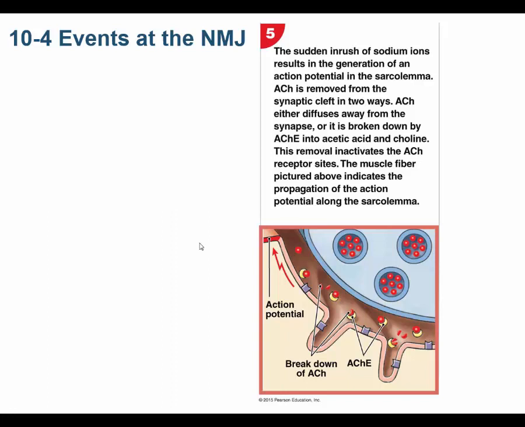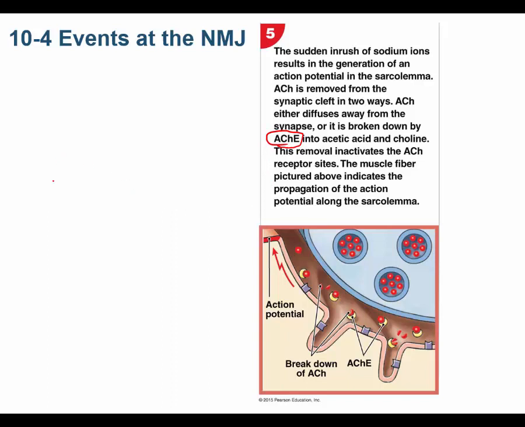Well, we want the signal to stop eventually. We don't want to contract our muscle and go into pathological tetany and have cramps and problems all the time. So what we want to do is remove this neurotransmitter signal, because that's one thing you have to do to relax a muscle. Well, these little half moons here are an enzyme called acetylcholinesterase, abbreviated right here, AChE.